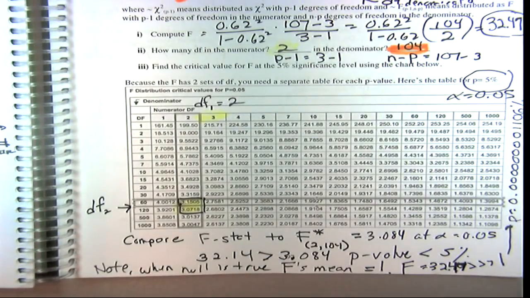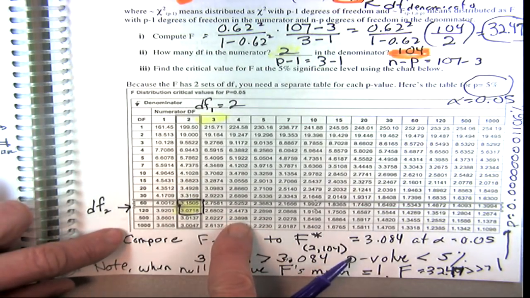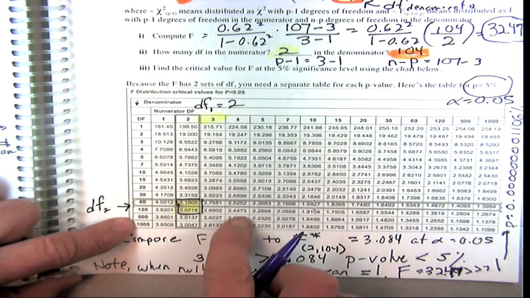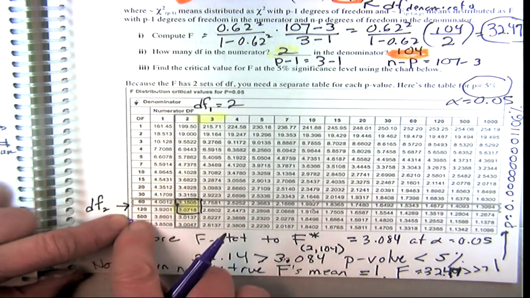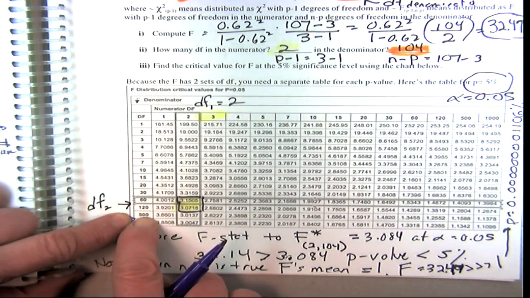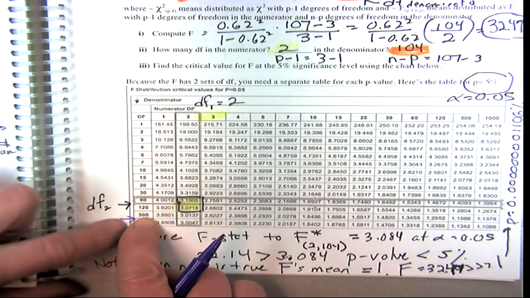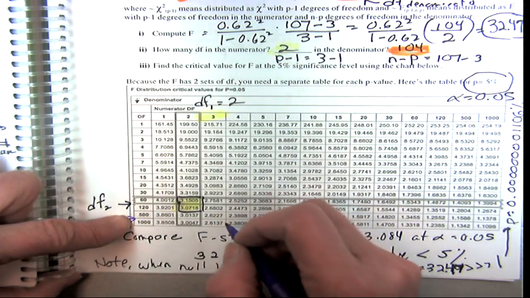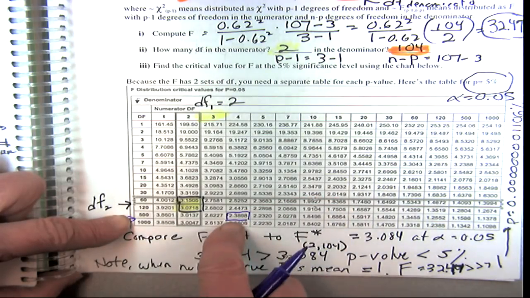Okay, so the numerator is 4. Now, the denominator was what? Okay, so it's in between those two. Let's just say when it's in between, the convention is going with the smaller one, being more conservative, like you don't have as big a sample size. So we will go with that one. What is that? 2.3898.